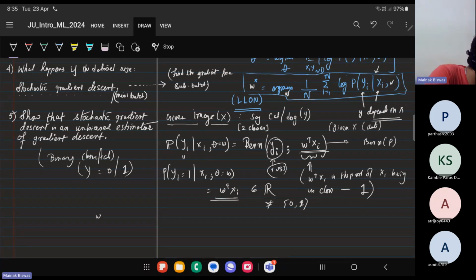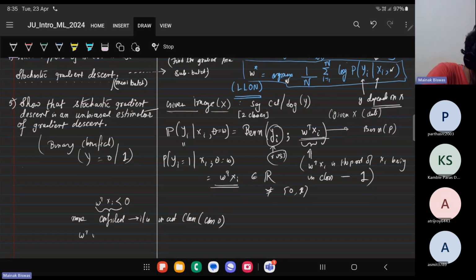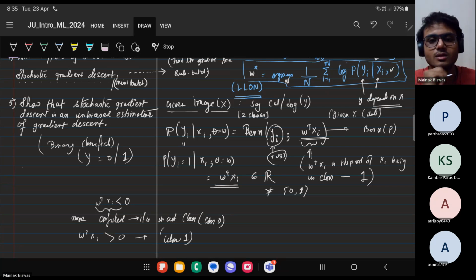If W transpose X_i is less than 0, I am more confident that it is in the cat class, class 0. And if W transpose X_i is greater than 0, I am confident it is in class 1, right? These are the two things I know. No doubts.